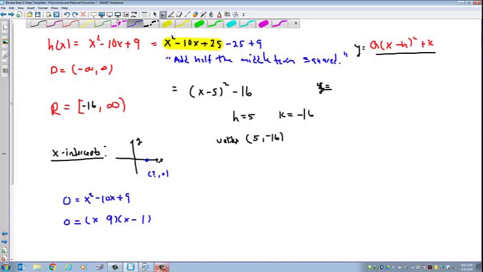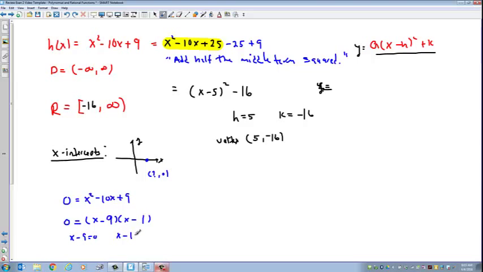So put a minus here. That'll work. Minus 9x minus x is minus 10x. And so then you get x minus 9 equal to 0, or x minus 1 equal to 0. If you add 9 to both sides, it tells us x is equal to 9, or x is equal to 1. So we have two x-intercepts, 9, 0 and 1, 0.